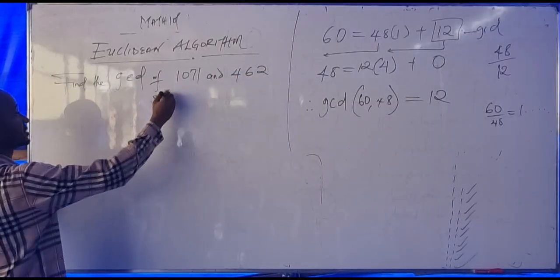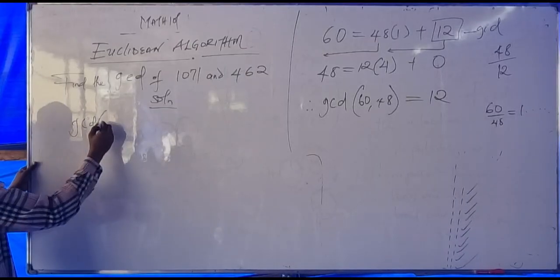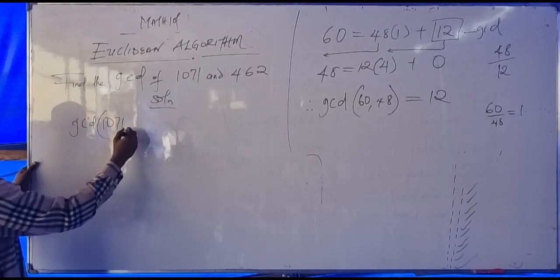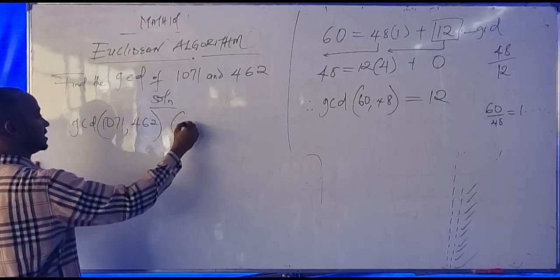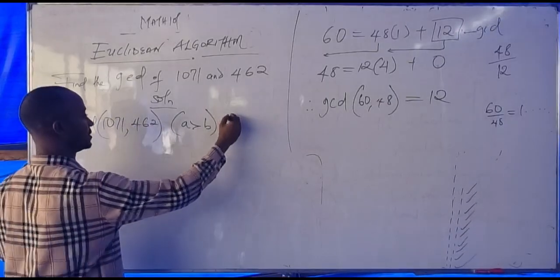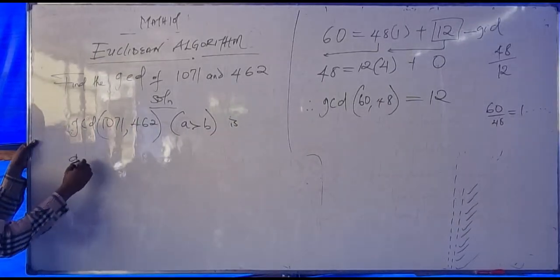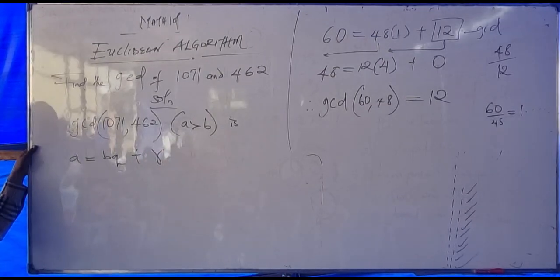Now to solve this, listen. The GCD of 1071 and 462, where A is greater than B, right? What's the formula there? A equals BQ plus R. Are you following?